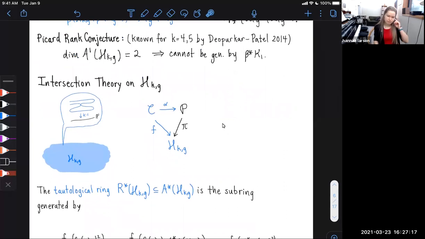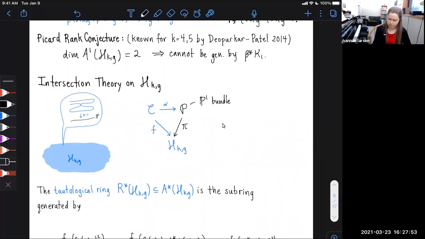So let me start by defining an analog of the tautological ring, but for the Hurwitz space. So the Hurwitz space comes equipped with a universal curve, and I'll still denote this map by F. And that curve admits a universal degree K map to this script P, which is my universal P1 bundle over the Hurwitz space. And we'll denote its structure map by pi.